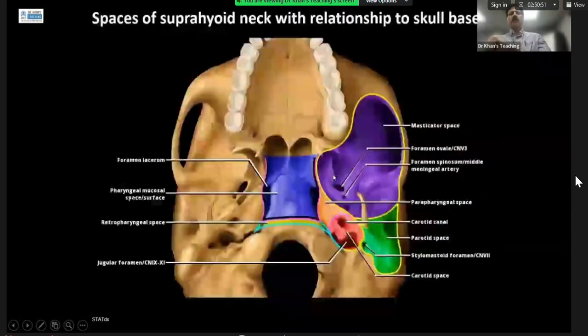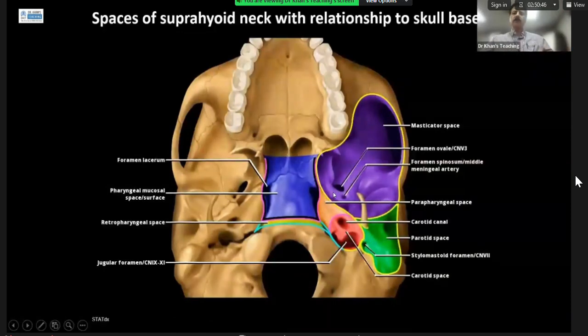So this is oropharyngeal. Okay, this one you have to again concentrate on the same point which I have already made. Some of the spaces, they go and touch the base of skull. This is the masticator space. And in the masticator space, this foramen is foramen ovale, from where the V3 division of the trigeminal nerve, the mandibular division, passes out. So tumor of the masticator space can go into the intracranial cavity through the foramen ovale.